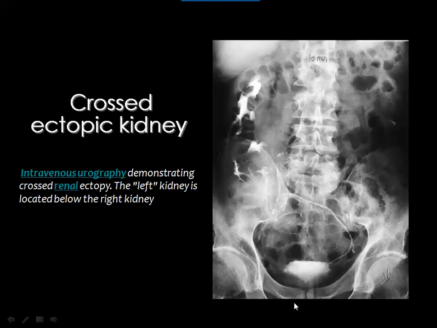Sometimes the kidney crosses the midline to the opposite side, but you should know that whenever the left kidney goes to the right side, the left ureter should enter the urinary bladder from its left lateral aspect. Then whenever the kidney goes to the opposite side, its draining ureter should go to the bladder from the normal side.